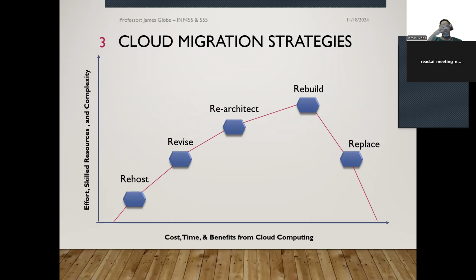The next kind of consideration or strategy is you revise some of your applications, and maybe you don't migrate, let's say, your customer relation or any of your HR systems. You use native software as a service offerings that are equivalent. So you rehost some and revise some.